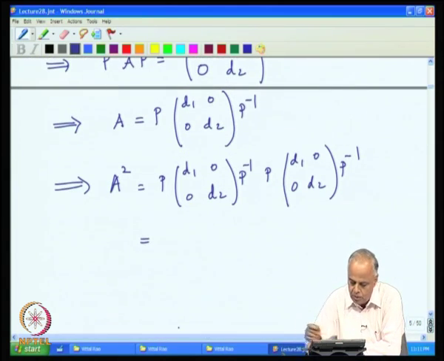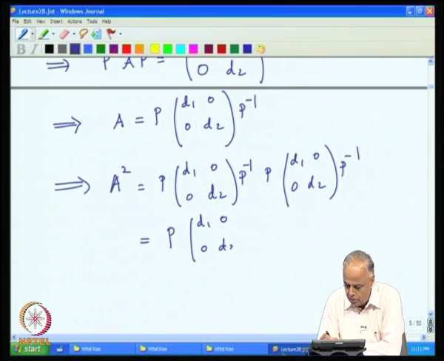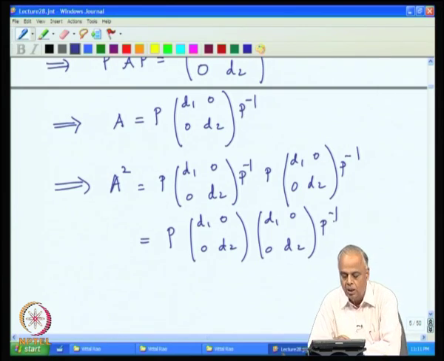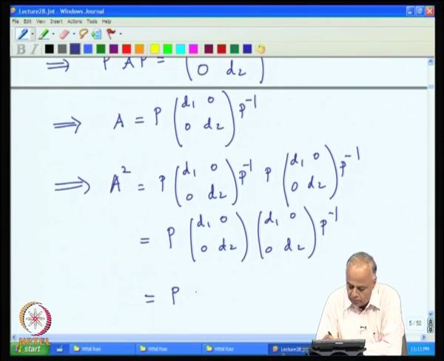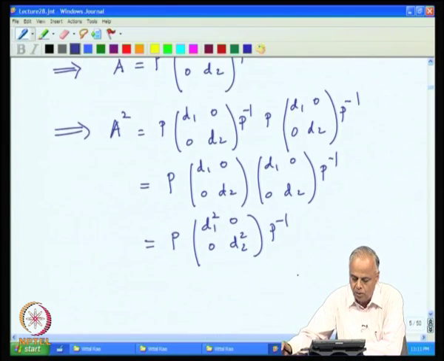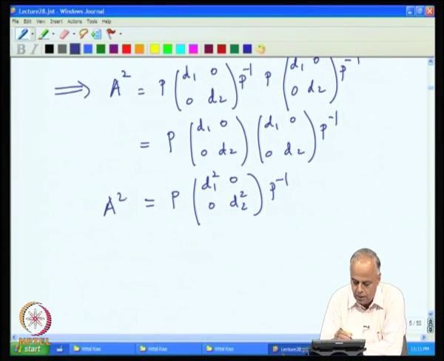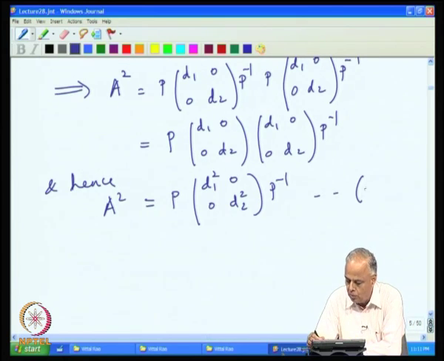So, this becomes P into diag(D1, D2) into diag(D1, D2) into P inverse. This is because the middle P inverse P is an identity matrix. But now, it is easy to multiply the diagonal matrices in the middle to get diag(D1 squared, D2 squared) and P inverse. So, therefore, we get A squared is this. Let us call this 1.